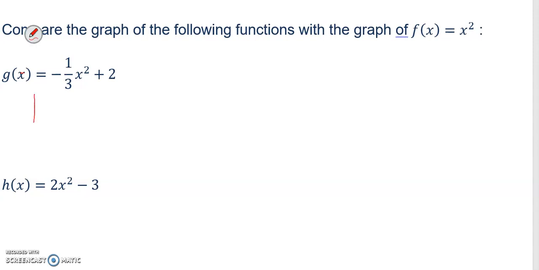Our absolute value of a is 1/3, and that is less than 1. So since it is less than 1, our graph is going to be wider than the parent function.